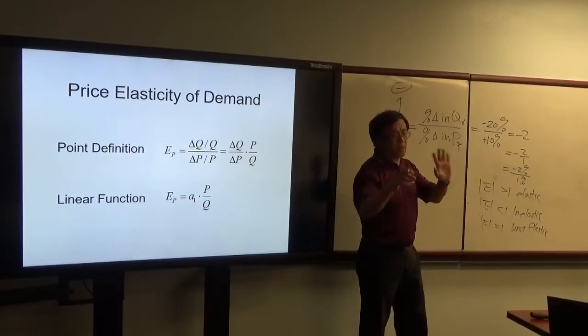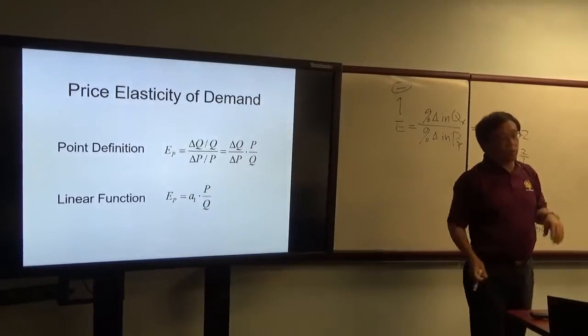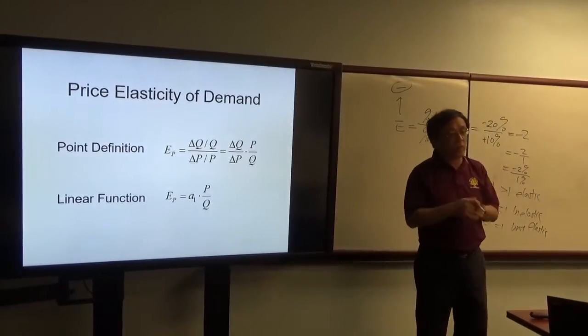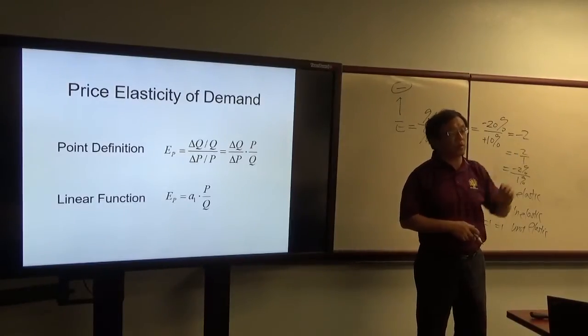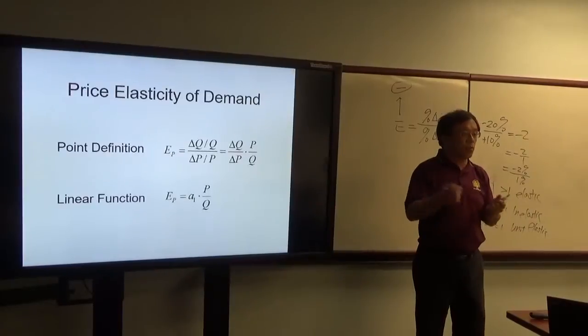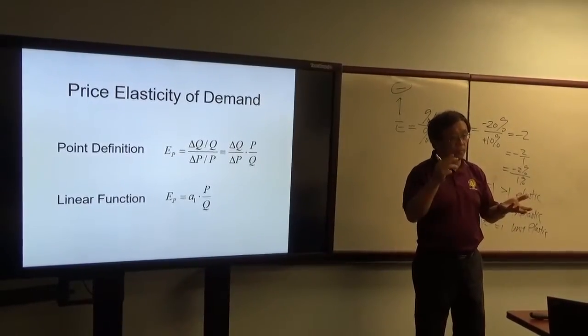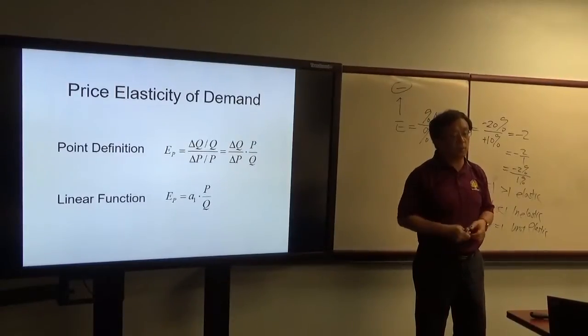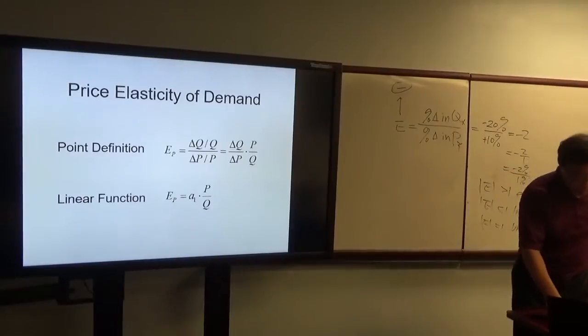So that's the basic idea of elasticity. It's not difficult at all. So we studied the relationship between two variables. But most of the time what we're interested in is quantity demanded or quantity supplied versus changes in one of the determinants: income, price, related prices. Okay.